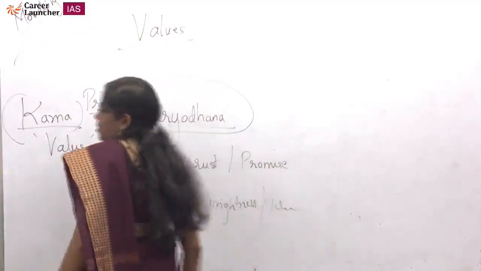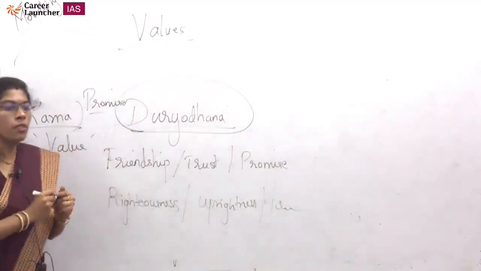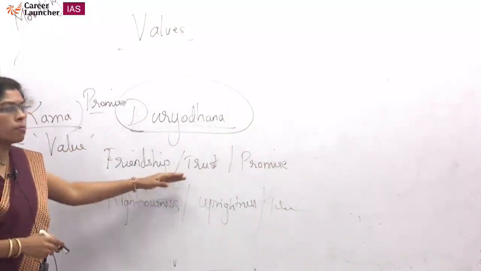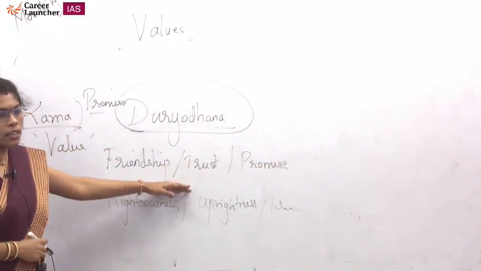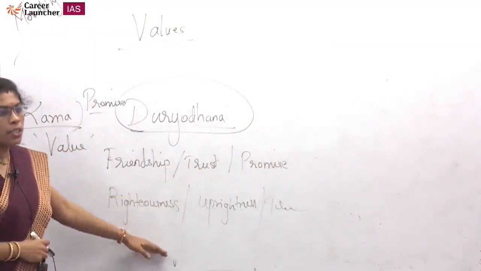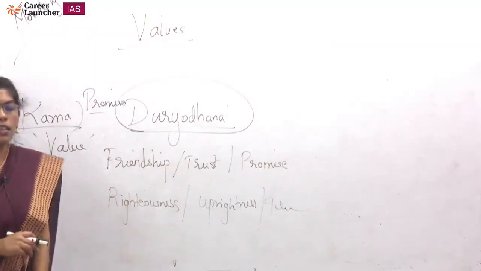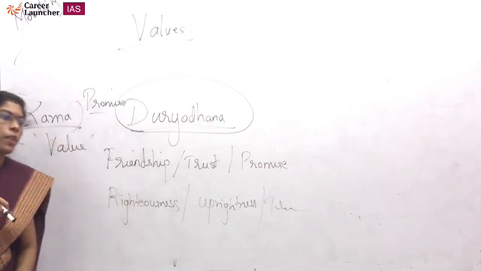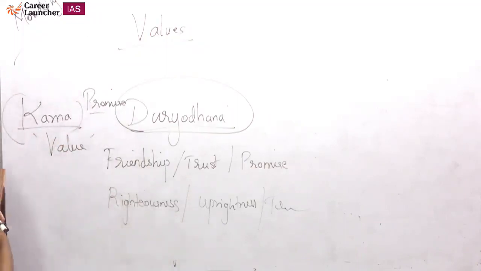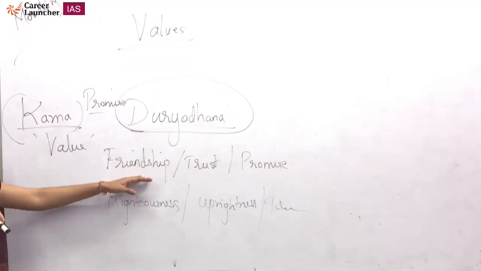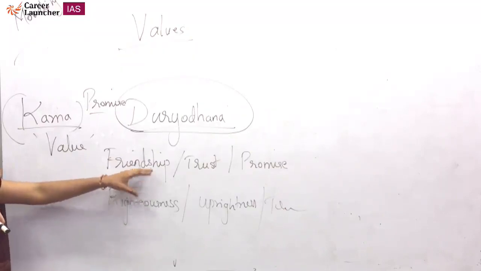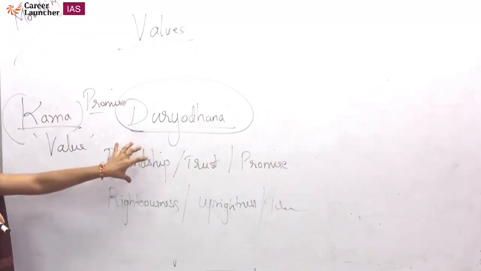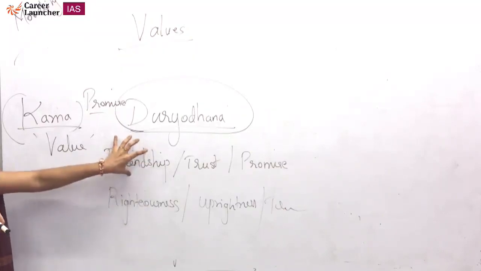According to him, he values friendship more than righteousness. He knows that it is wrong. He is walking in the path of adharma. He knows it very well. But one time he promised that he will stay with his friend. So he values his friendship more than anything in this world. That is why it is his priority. This is the value system which Karna holds within him.